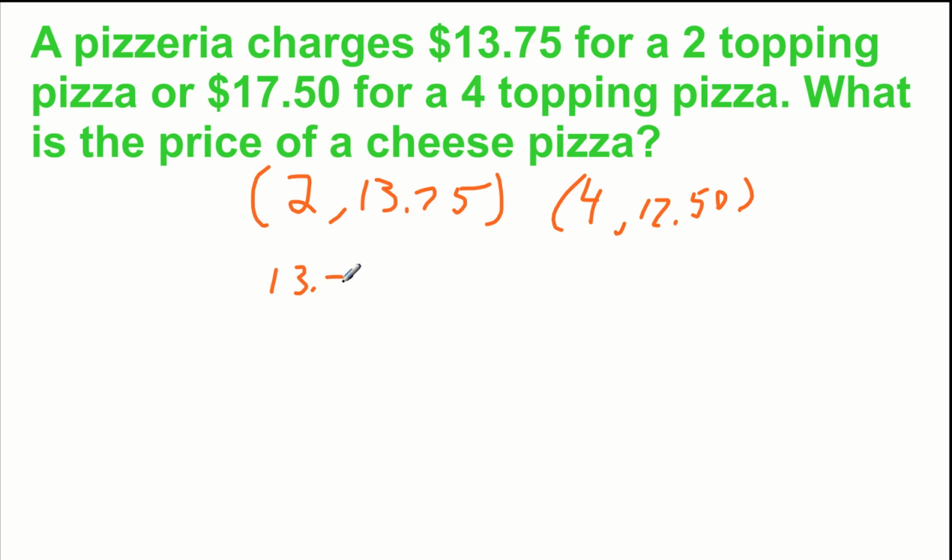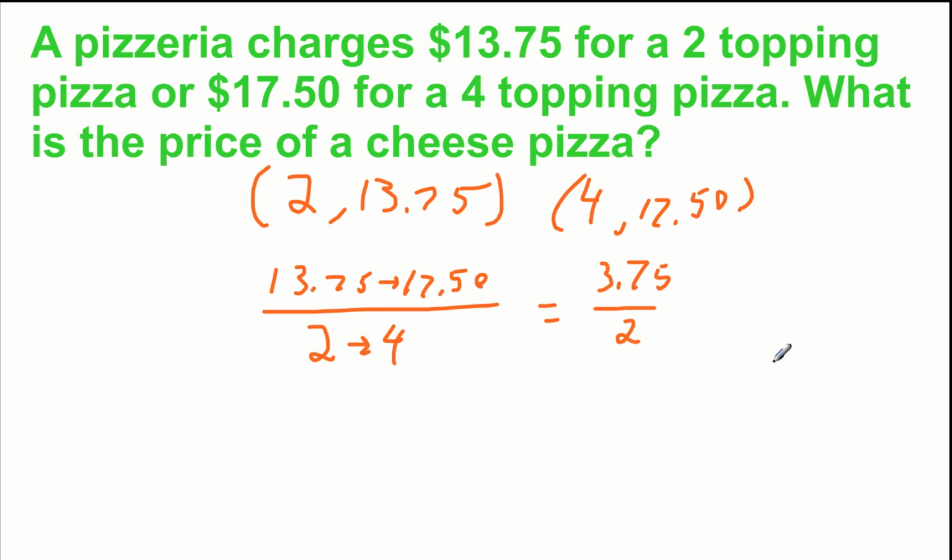Y values from 1375 to 1750. X's are going from 2 to 4. So that gives us 375 over 2. And I maybe didn't pick the best example of numbers because that's not going to give you an exact or good money number. But we can still use this to find the y-intercept.